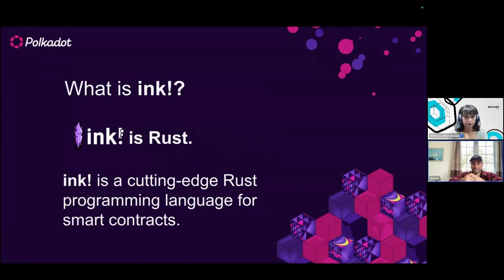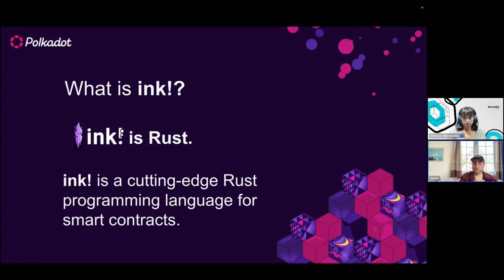Ink is Rust. So when you're writing smart contracts, you're writing it in Rust. You can think of Ink as Rust with some extensions that can improve your experience for writing smart contracts. And those extensions, you can think of them as macros, right? So, macro magic.